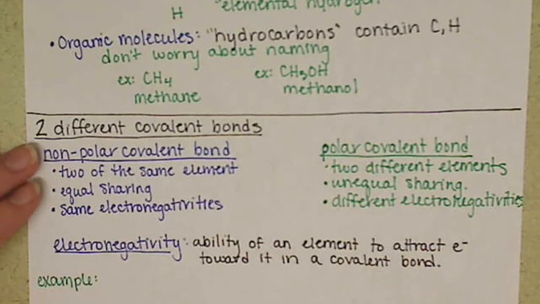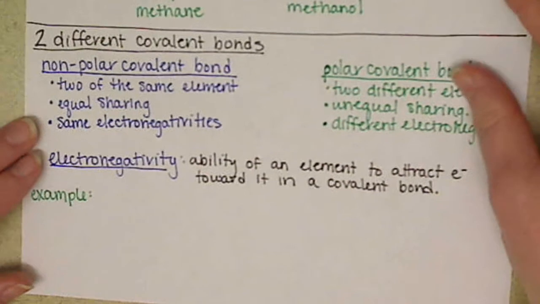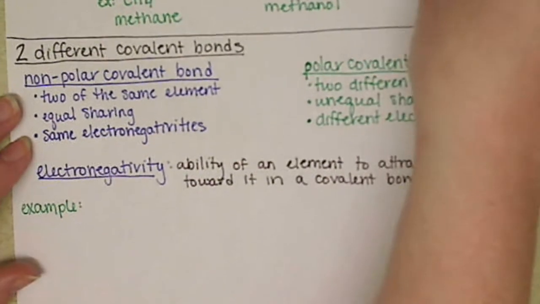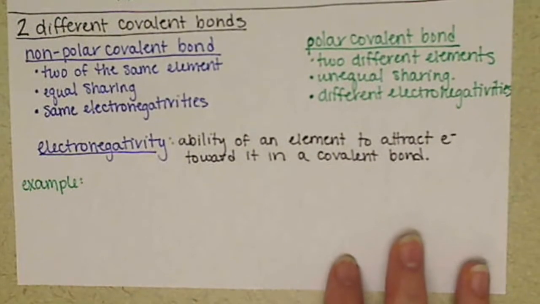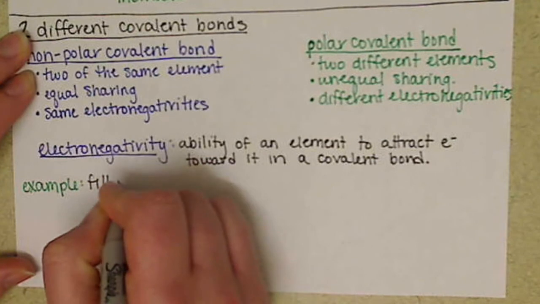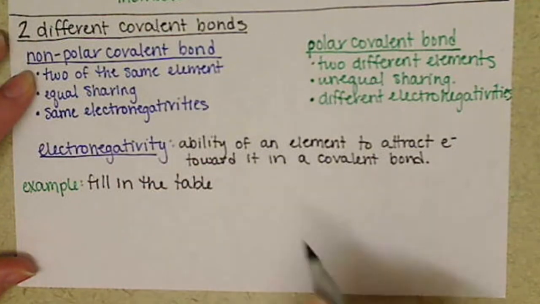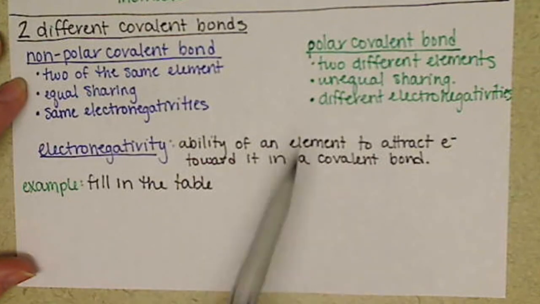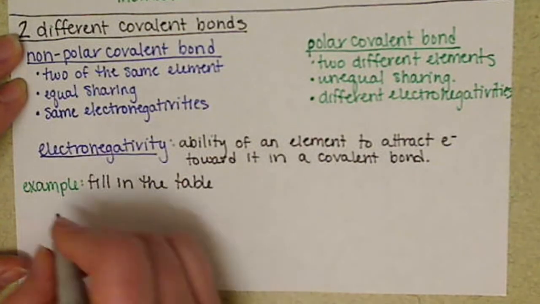So just like we ended our ionic naming, let's go ahead and end our covalent naming with some examples. So basically I want you to fill out the table, or fill in the table. And in this case, since we have two different types of bonds, I also want you to fill out whether it's a nonpolar bond or a polar covalent bond.